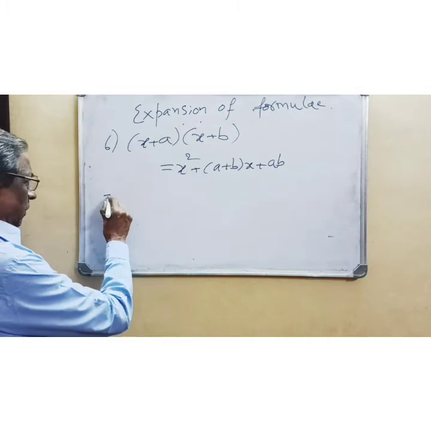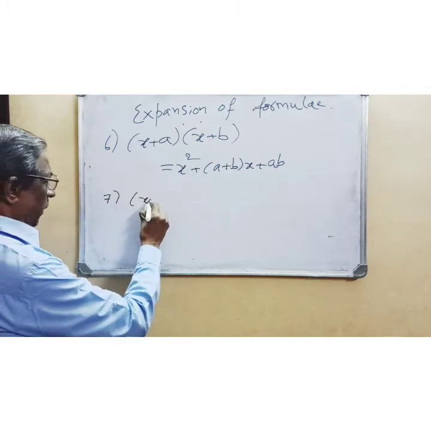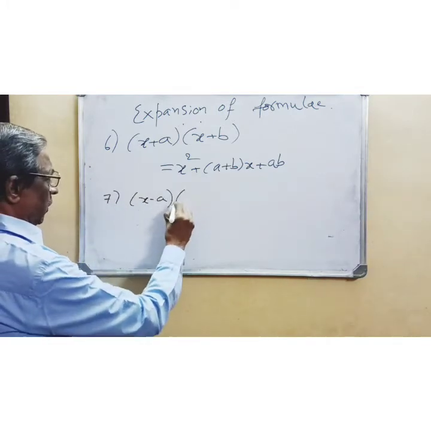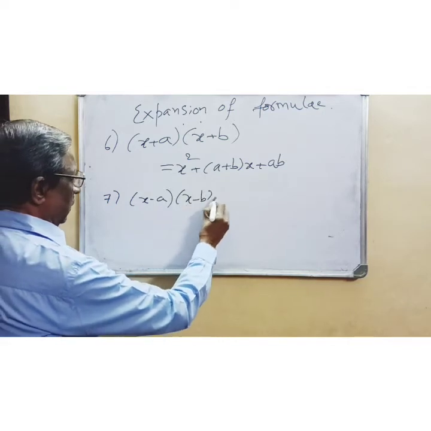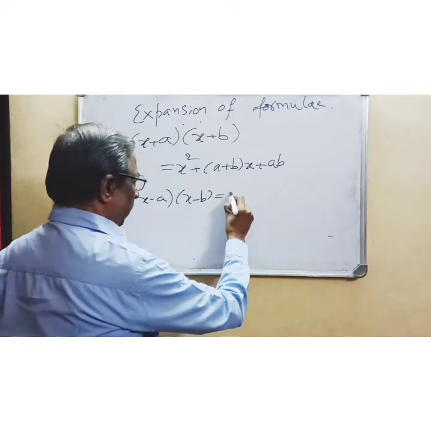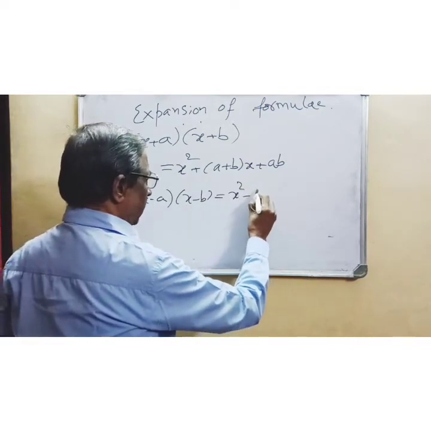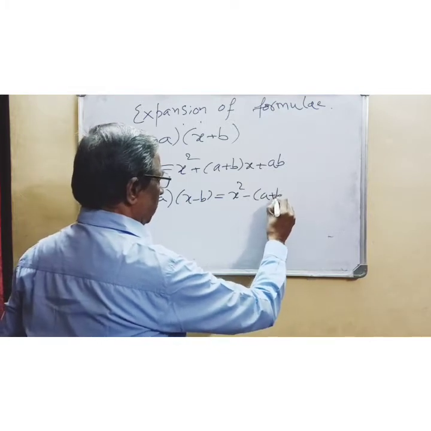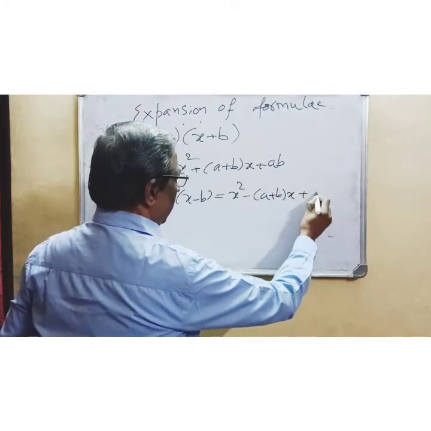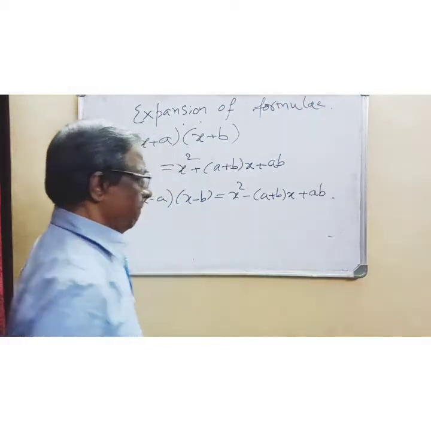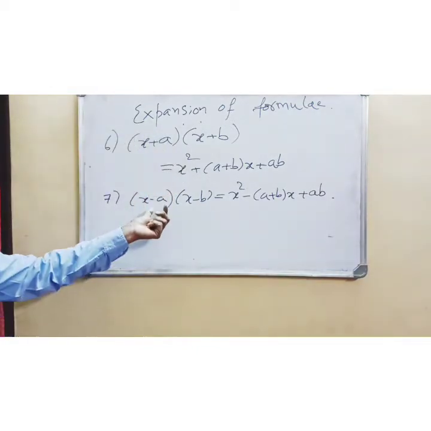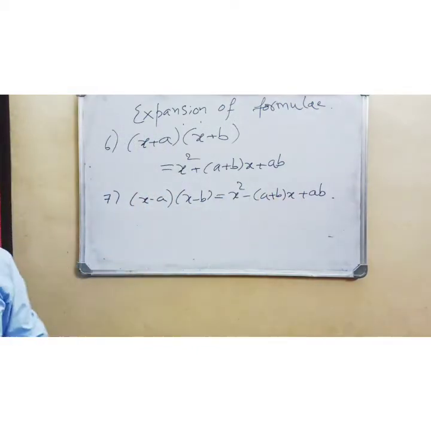If it is minus, x minus a into x minus b is equal to the same thing, x square minus bracket a plus b into x plus ab, because minus into minus is plus.